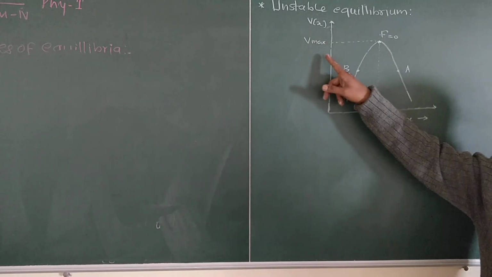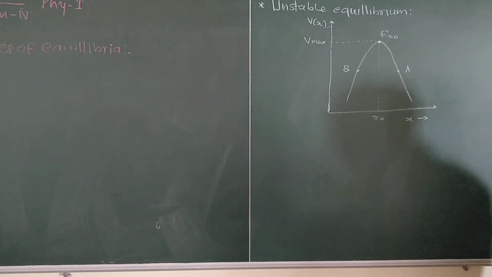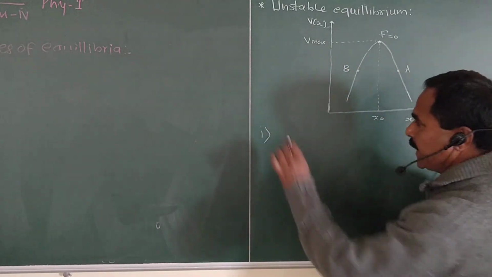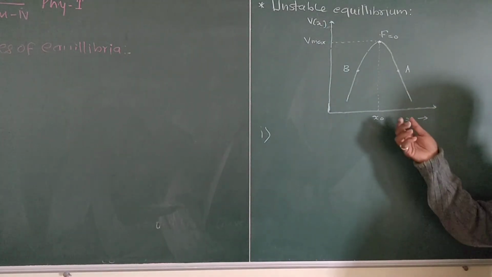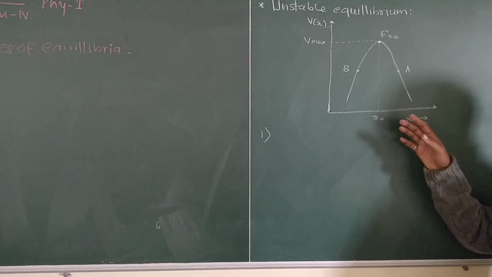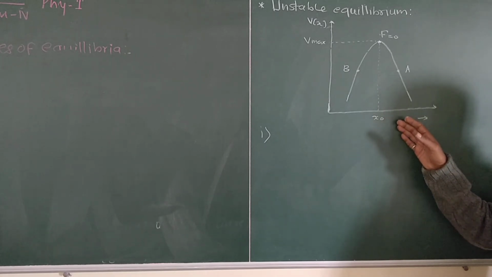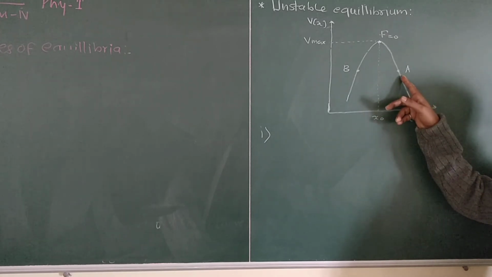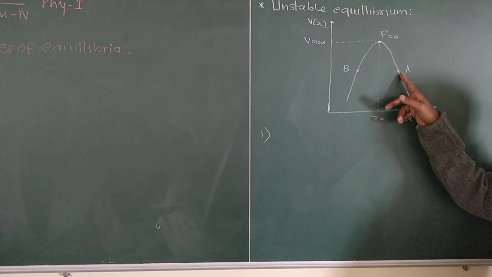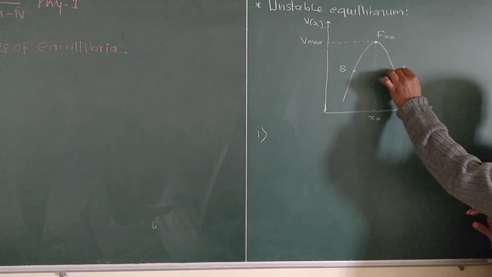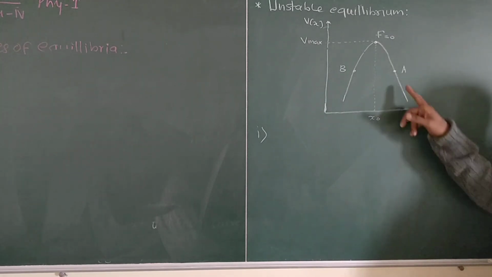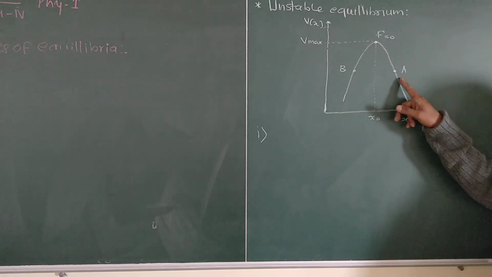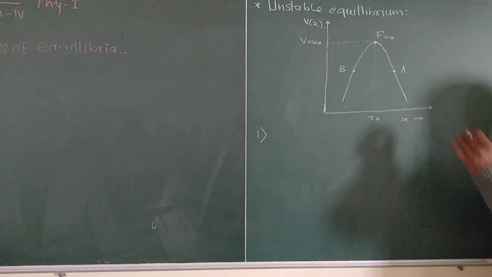Why is the potential energy maximum? We can see. First, when force is applied on the particle to displace it toward the right at point A, what is the value of slope? It is negative.